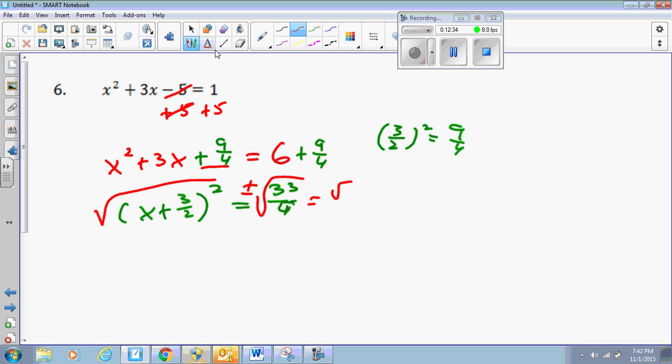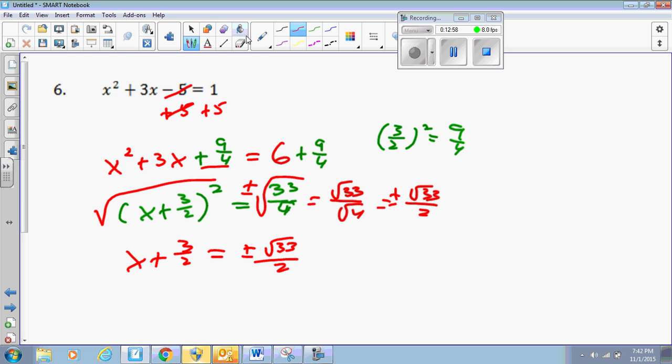That's going to be the square root of 33 over the square root of 4, which is the square root of 33 over 2, and plus or minus. So then I have x plus 3 over 2 equals plus or minus the square root of 33 over 2.